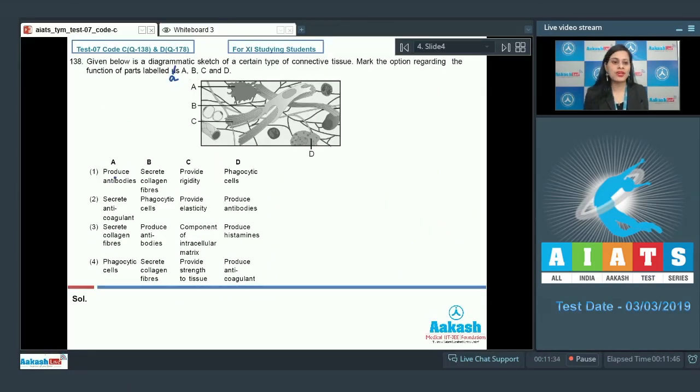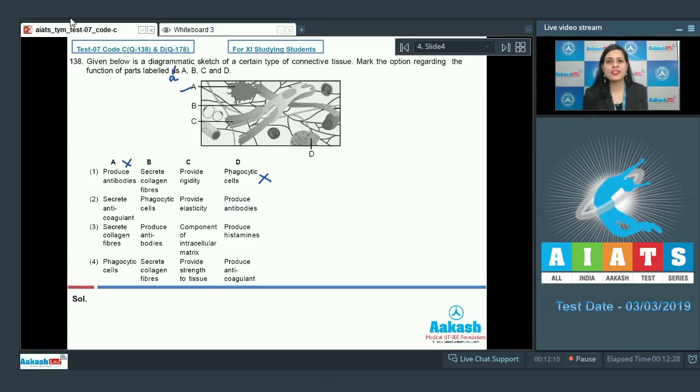The very first option given is produce antibodies, and this is an incorrect choice. Secrete collagen fibers, provide rigidity, phagocytic cells, and this is an incorrect option because A, which represent macrophages, performs the function of phagocytosis. So this cannot be a correct answer to our question. Second option is secrete anticoagulant, phagocytic cells, provide elasticity, produce antibodies.